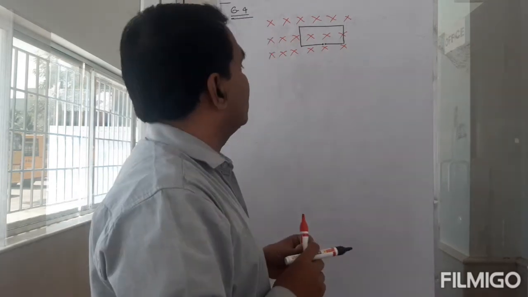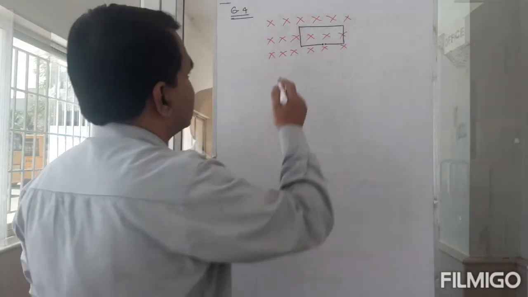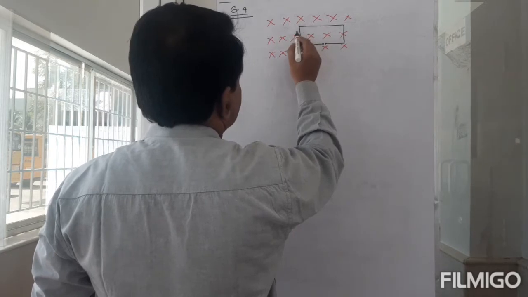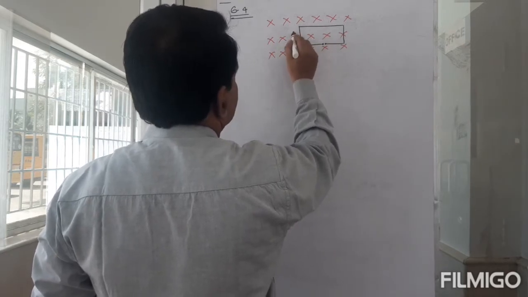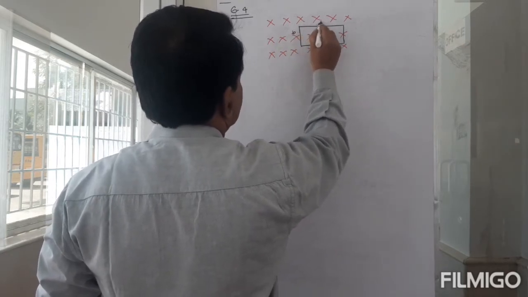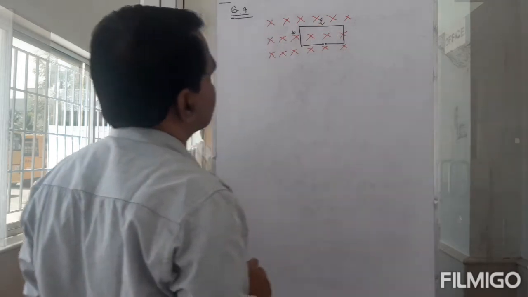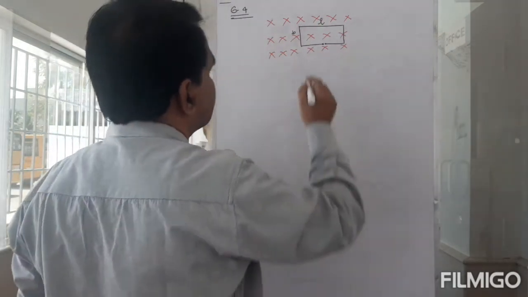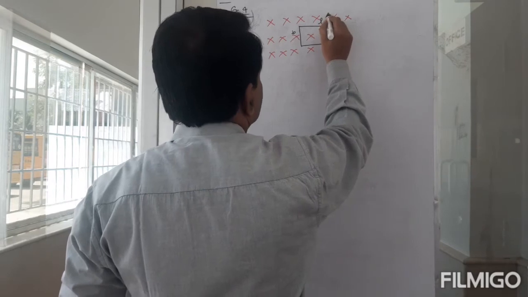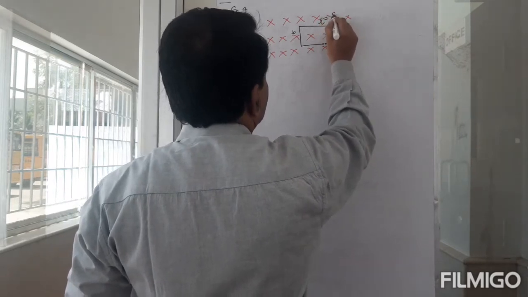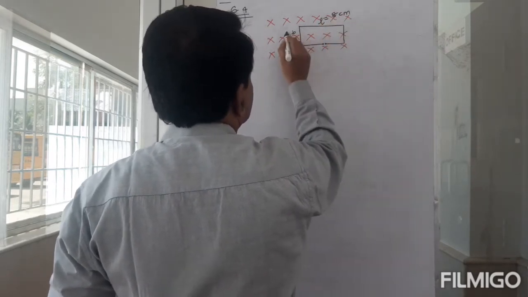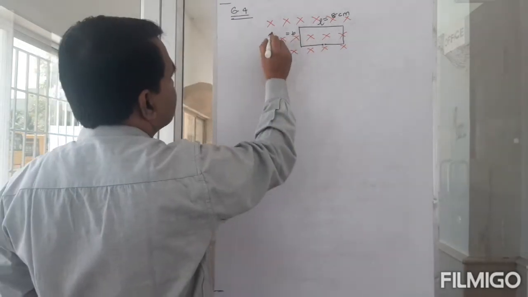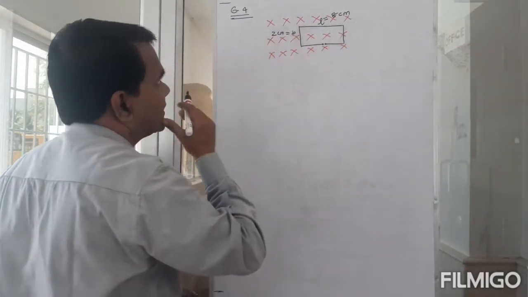That's what it means. Okay, so this is 2 centimeters. I'll call this the breadth b and this the length L. The length is 8 centimeters, and the breadth is 2 centimeters.